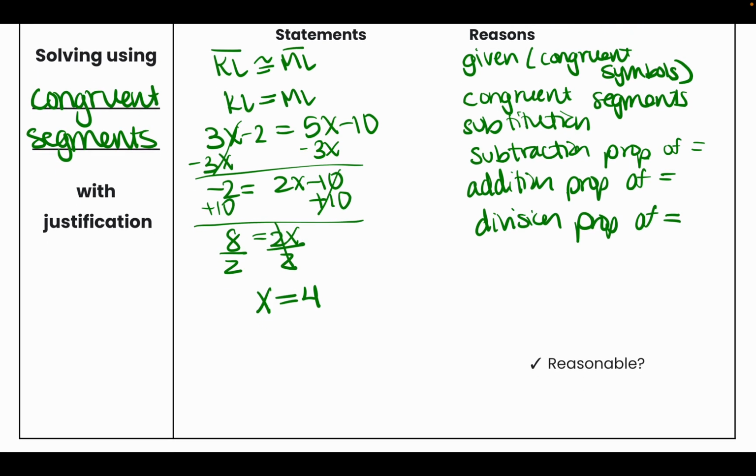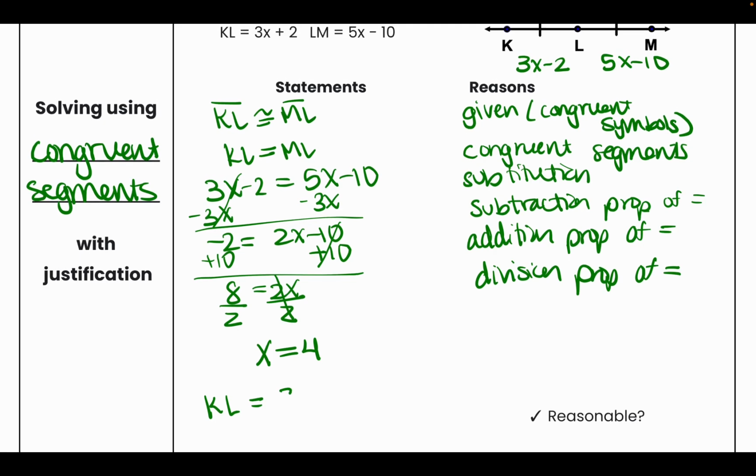Okay, now it wants us to find KL. So KL is equal to 3 times 4... Oh no, this was a plus.